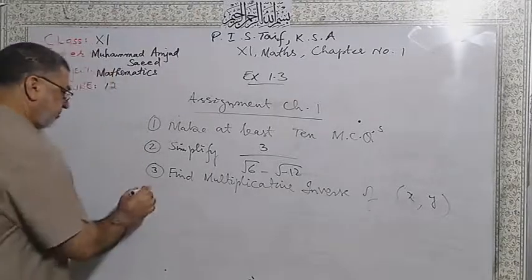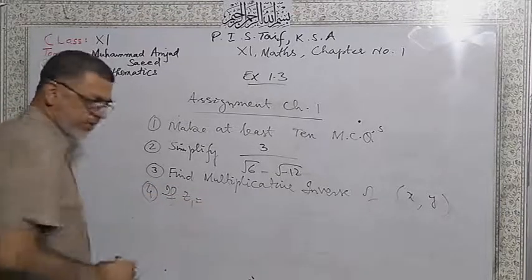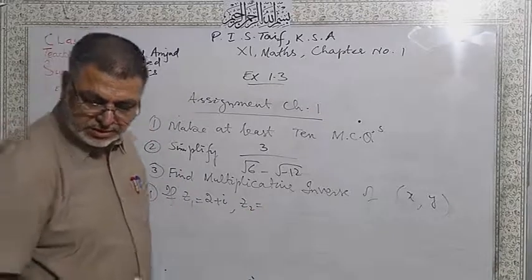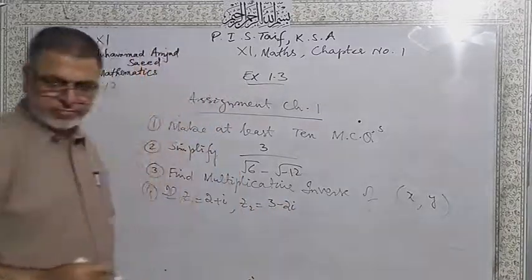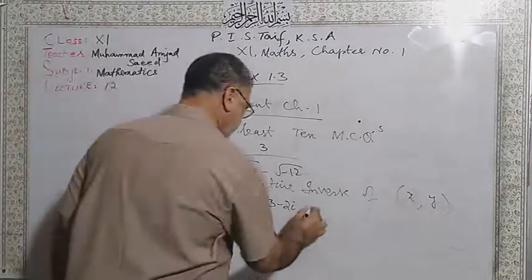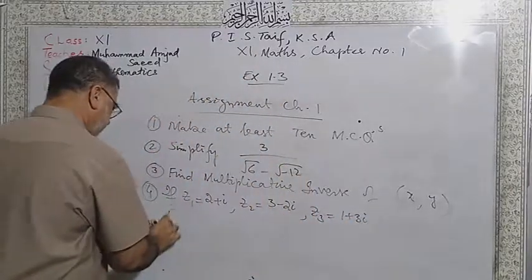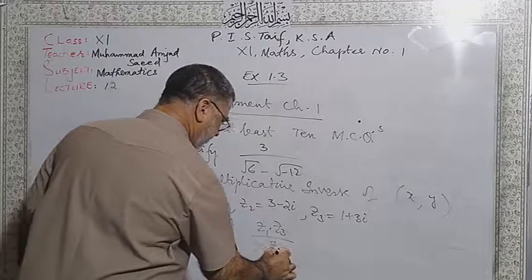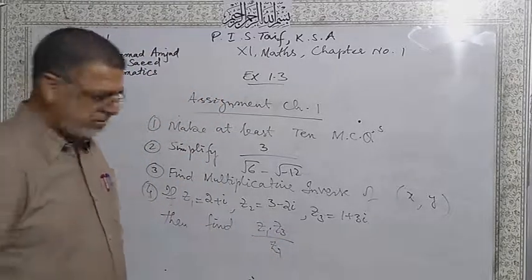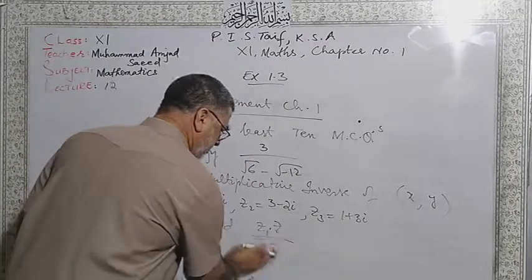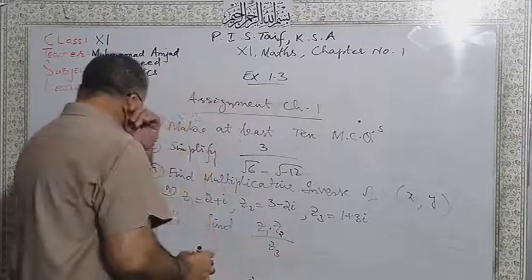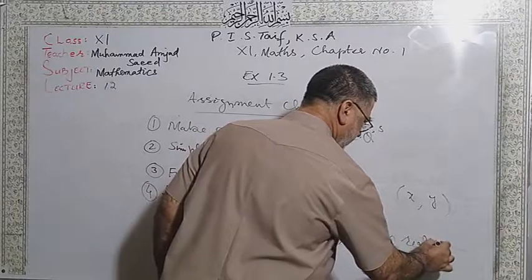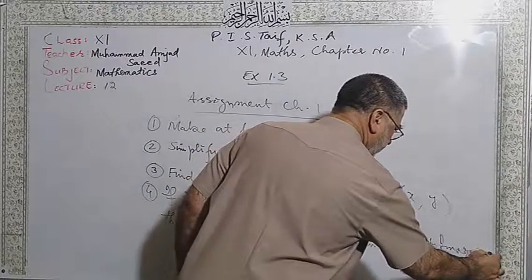If z1 is equal to 2 plus iota, z2 is equal to 3 minus 2 iota, and z3 is equal to 1 plus 3 iota, then find z1 z3 divided by z2, and z1 z2 divided by z3, in the form of real and imaginary parts.